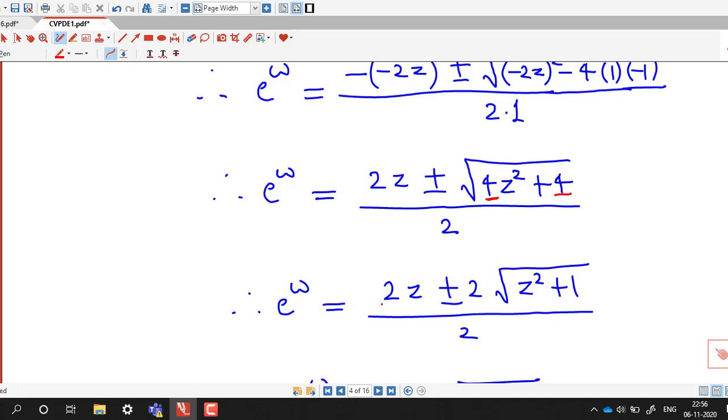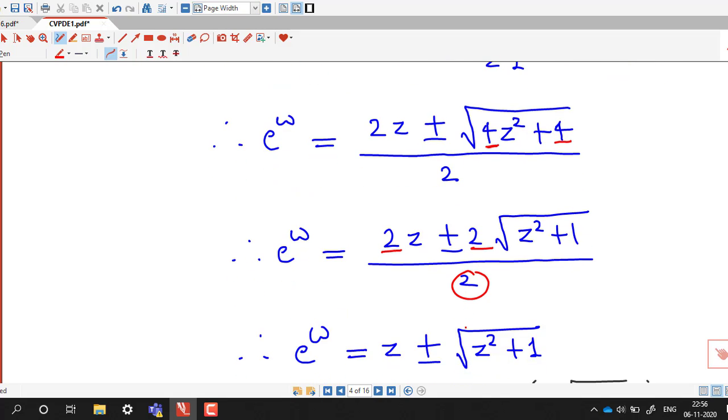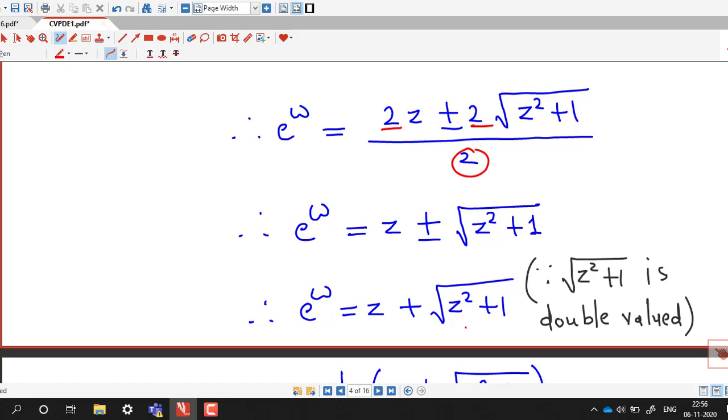Here again we can cancel out this 2 by taking 2 common from the numerator. So we have e raised to w equal to z plus or minus the square root of z square plus 1.